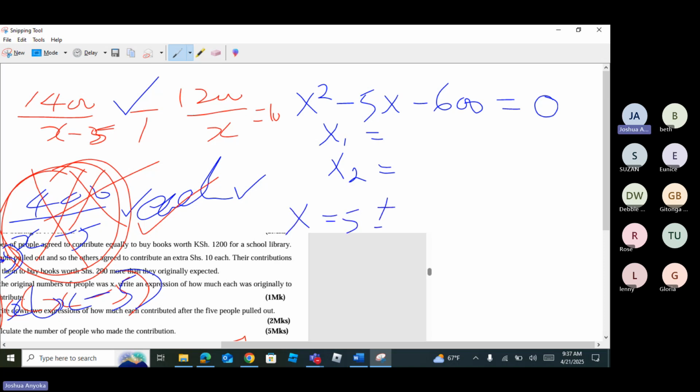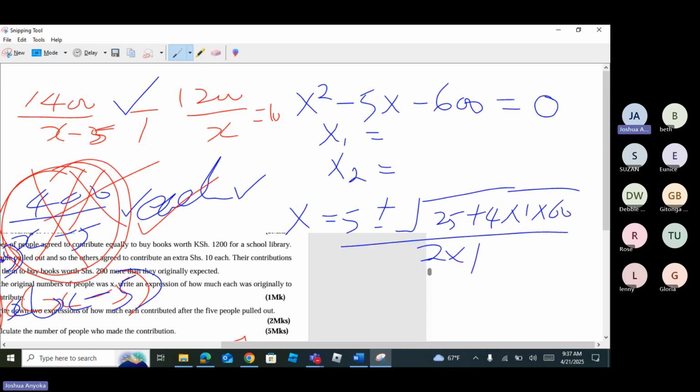Minus b plus or minus the root of b squared plus 4ac, divided by 2 times a. 5 plus or minus the root of 25 plus 4 times 600.